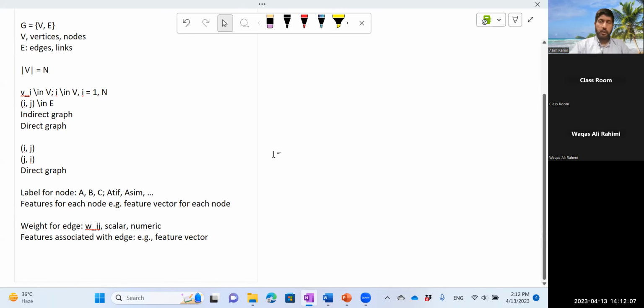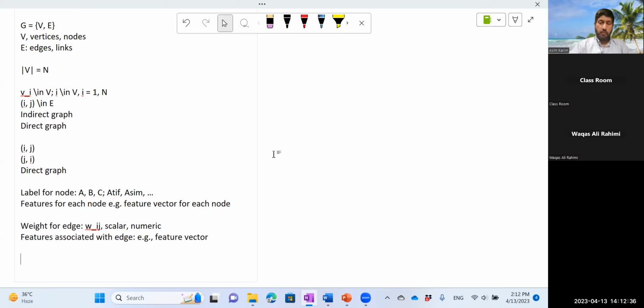So this information that I've just discussed is defining the structure of a graph. As I said, a graph can also be called a network. The vertices are connected by edges, and vertices may have labels, they may have features. Edges may have weights or they may have features as well. And the graph can be directed or undirected.